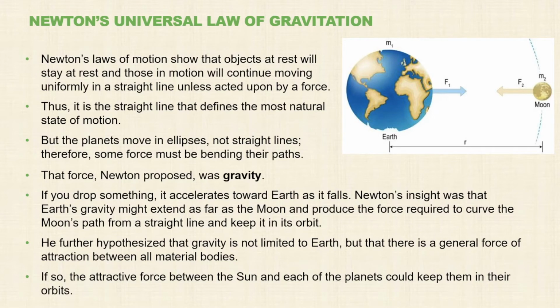And I think that was the biggest scientific discovery by Newton. He also hypothesized that gravity is not limited to Earth, and that this is a general force of attraction between all objects in the universe.